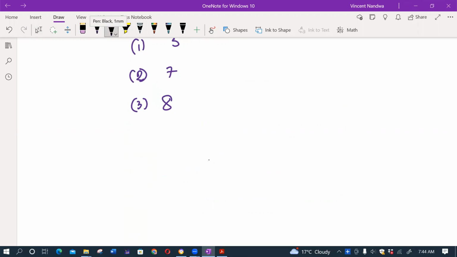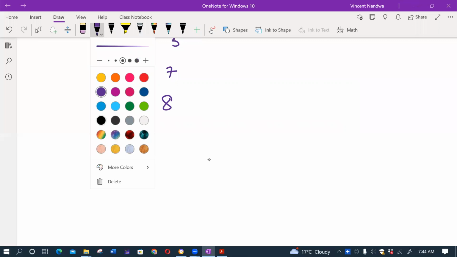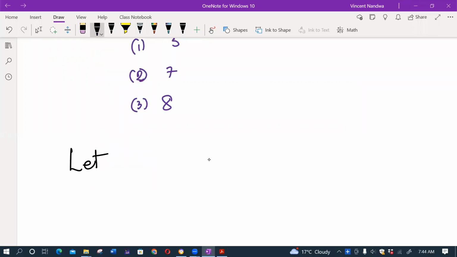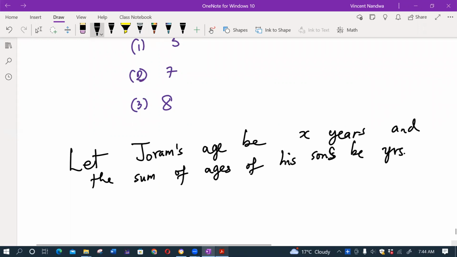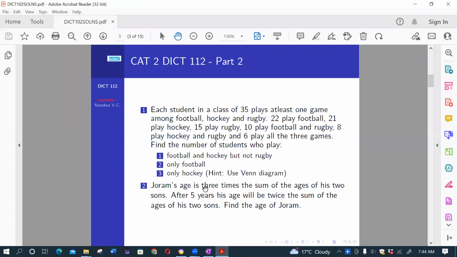We've been told that Joram's age is 3 times the sum of ages of his two sons.